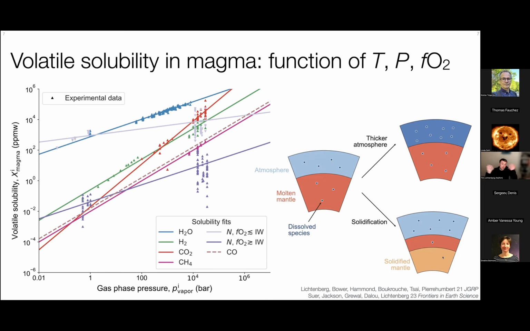And so you increase the opacity of the atmosphere again, and that increases the greenhouse effect, and that increases again the melt volume in the mantle. And so there's a loop, and this loop is very, very tricky to capture in time evolution models.